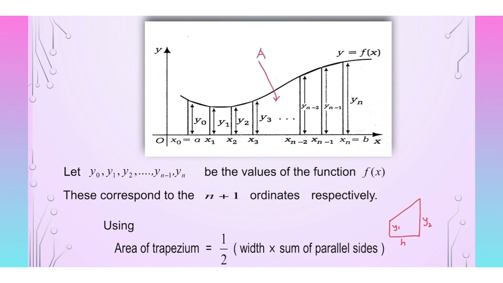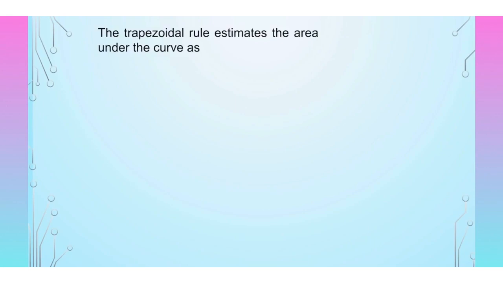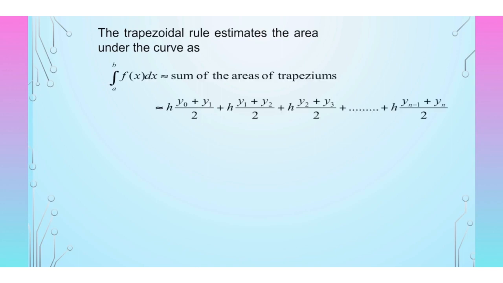This is A under the curve. The trapezoidal or the trapezium rule estimates the area under the curve as the integral of f(x) from a until b dx, which is approximately equal to the sum of the areas of the trapezium.